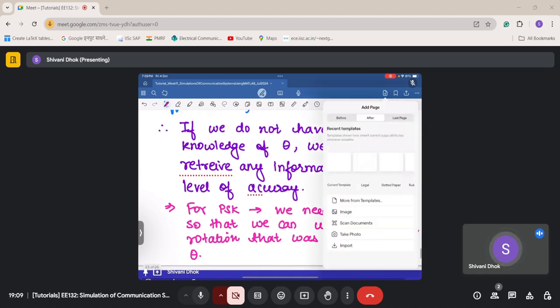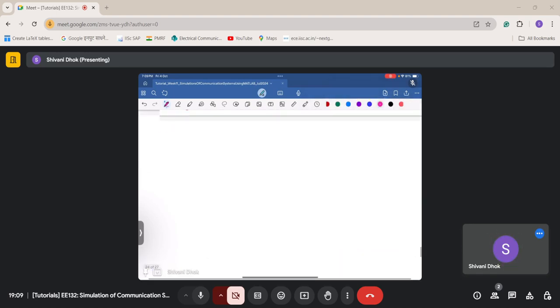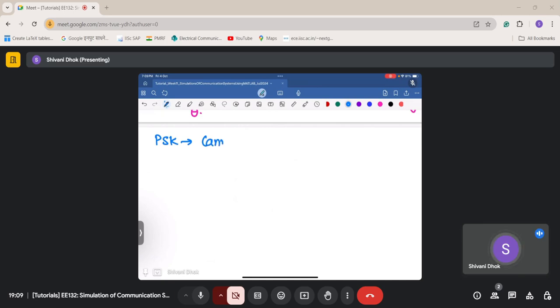What it means is, for PSK we cannot do non-coherent detection.